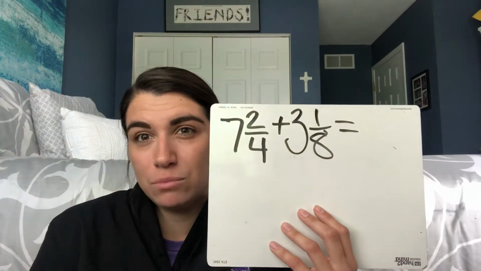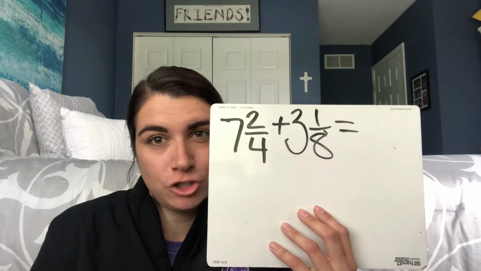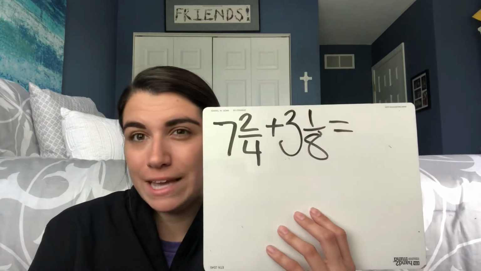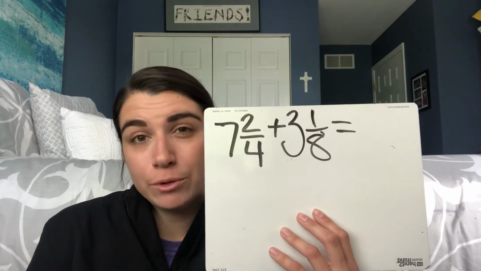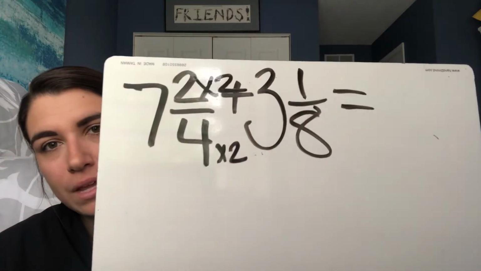I know that 8 is a multiple of 4, so that's going to be an easy one to change. So I'm going to change 2/4 into 8ths. To do that, I'm going to multiply 4 by 2 and 2 by 2, just like that. And so I'm going to get 7 4/8 plus 3 1/8.